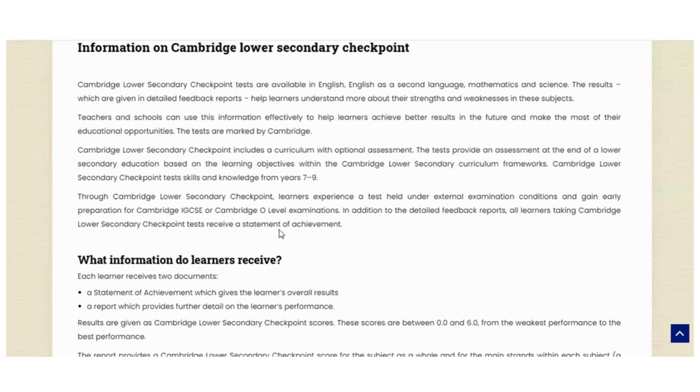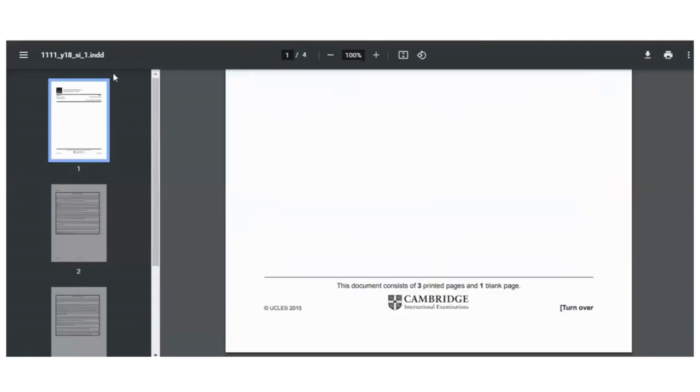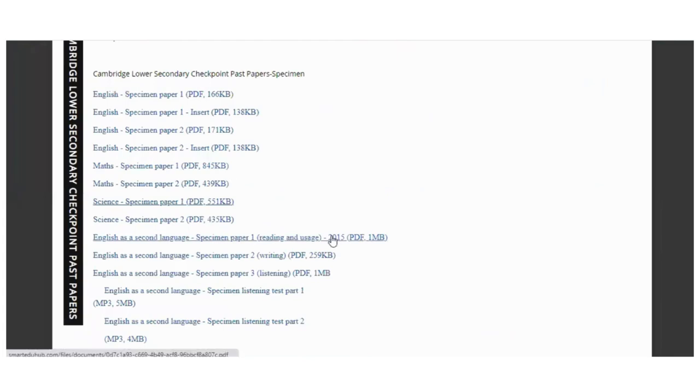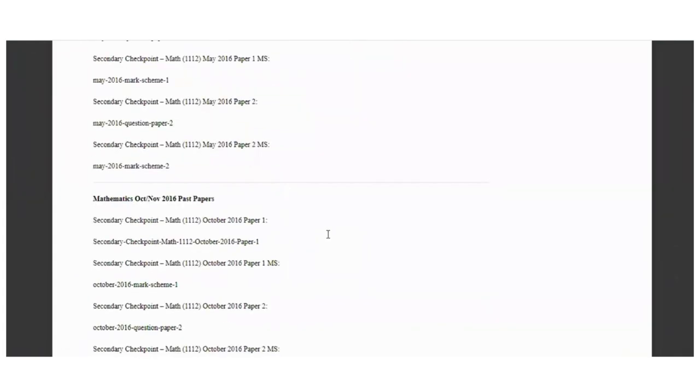So again, just like IGCSE exams, there is not much variance for papers. If I'm correct, do they have variance for papers even in... okay, no, right? They don't have any variance.